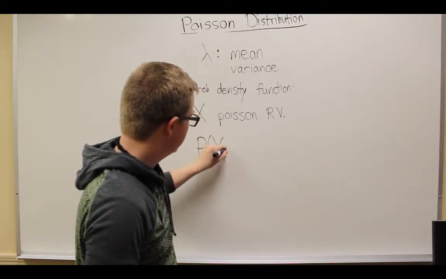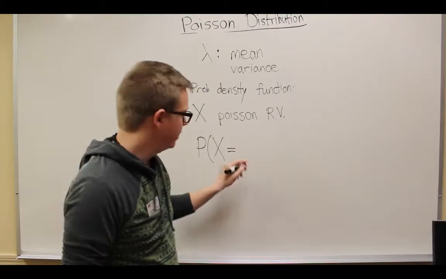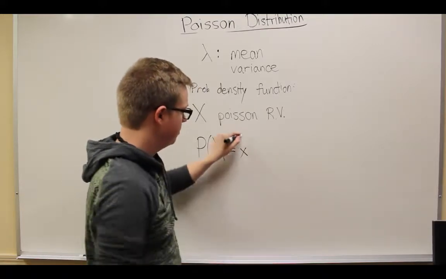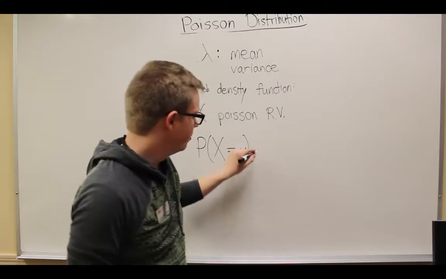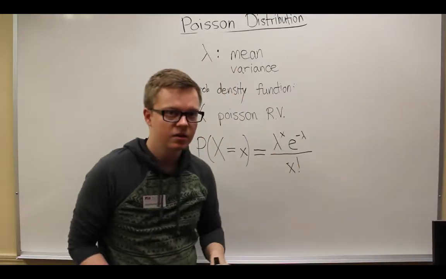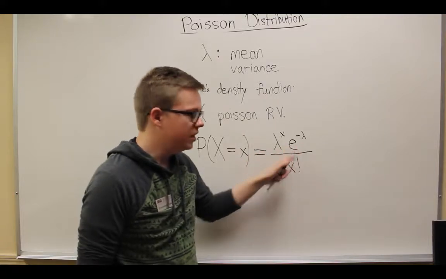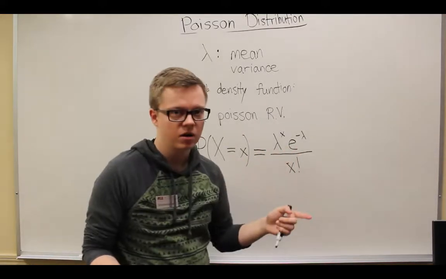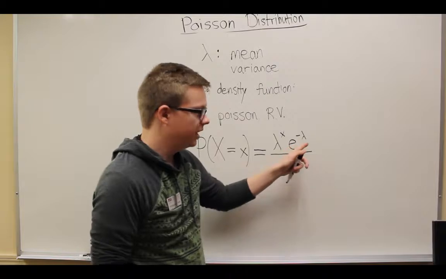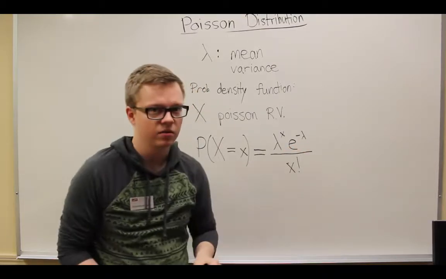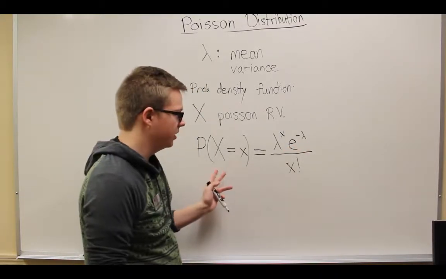The probability that that random variable takes on a specific value, little x, is given by lambda to the x, where lambda is this parameter, the mean, times e, the mathematical constant e, to the negative lambda, divided by x factorial. And that's the probability distribution function.